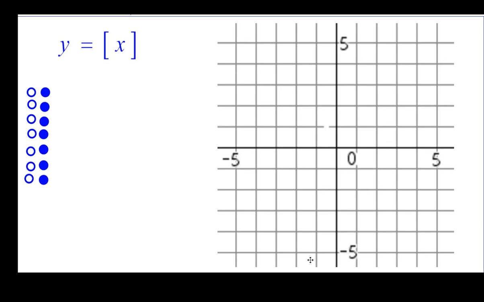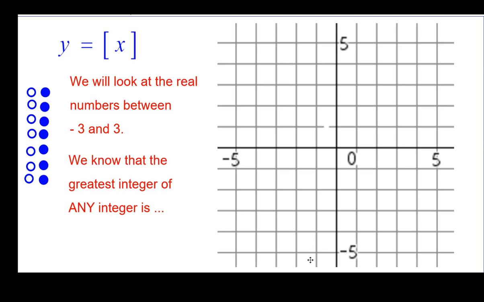All right, so let's go ahead and graph the greatest integer function, see what that looks like. So we're going to look at the real numbers between negative 3 and 3. Those will be, I think, the simplest to look at. And we're going to start off knowing that the greatest integer of any integer, again, is the integer itself. So I'm going to plot those.